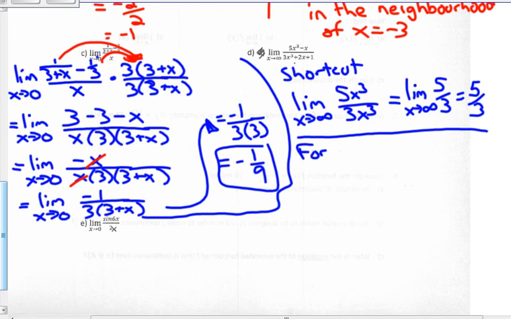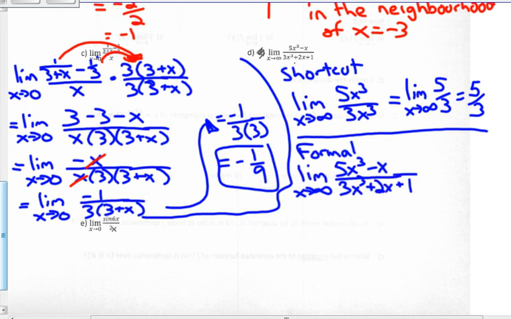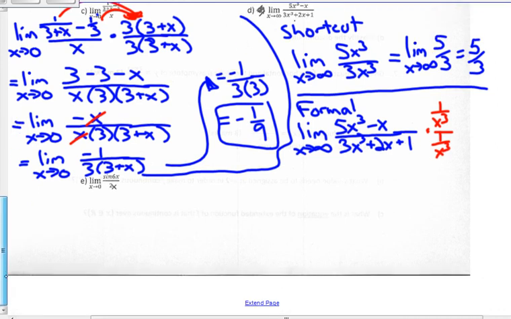If you wanted to go more formal with it, here's what we'd do. Limit as x goes to infinity of 5x cubed minus x all over 3x cubed plus 2x plus 1. I would multiply the top and bottom by 1 over the highest power of the bottom, so 1 over x cubed. And here's what I'm going to get.